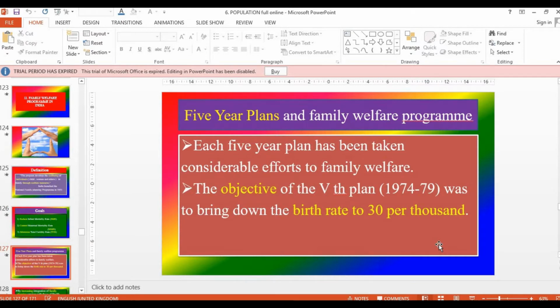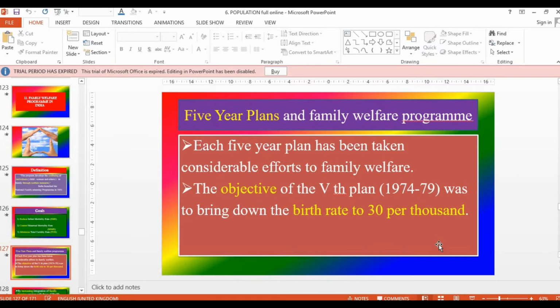Then the 5-year plan and family welfare program. In every 5-year plan, considerable measures are taken by the government.